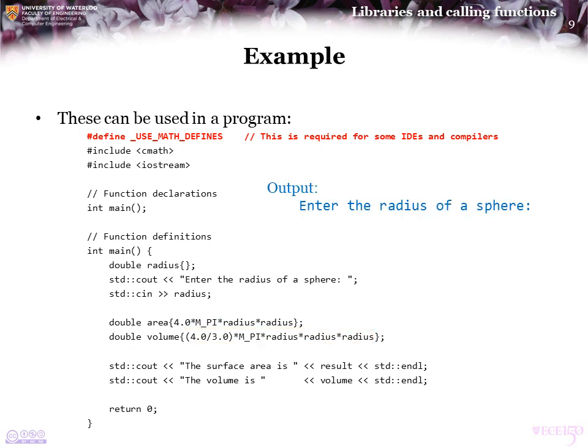So if we run this program, enter the radius of a sphere, the user then types in a value and hits enter, and the result is displayed on the screen.